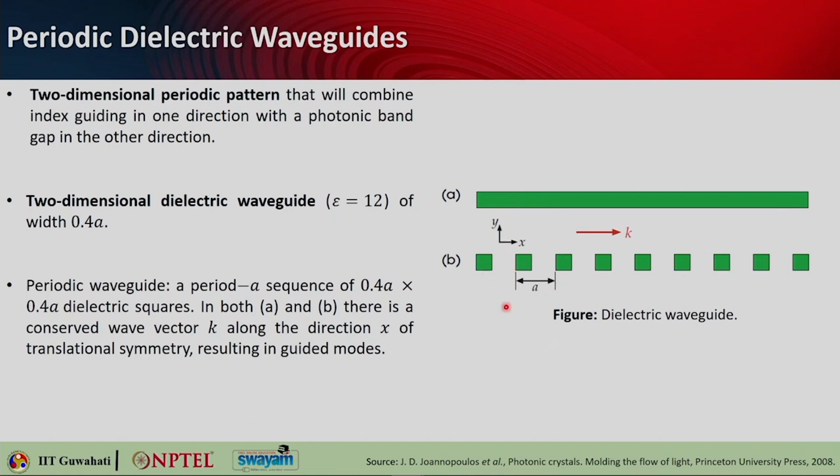In the periodic dielectric waveguide, we have used dielectric squares. The dimensions of the squares are given here, 0.4 a times 0.4 a, and the lattice period is a. In both cases, there is a conserved wave vector k along the x direction because of the translational symmetry, and that results in guided modes.